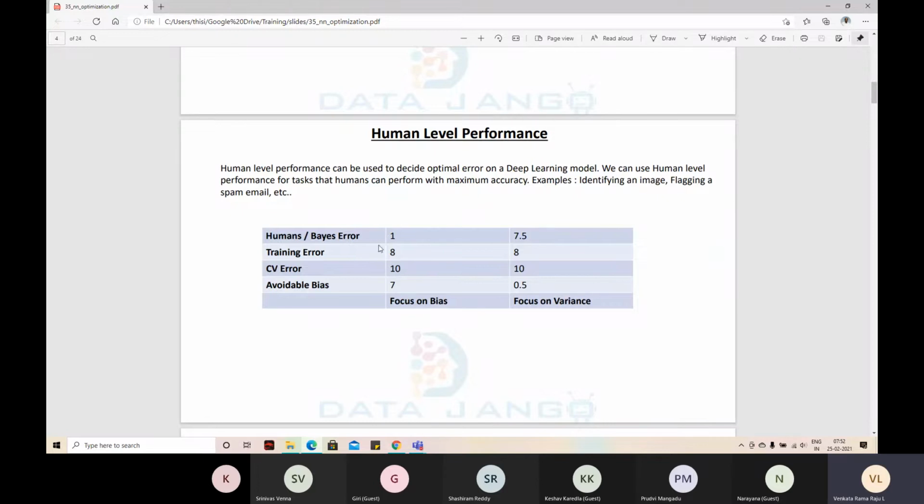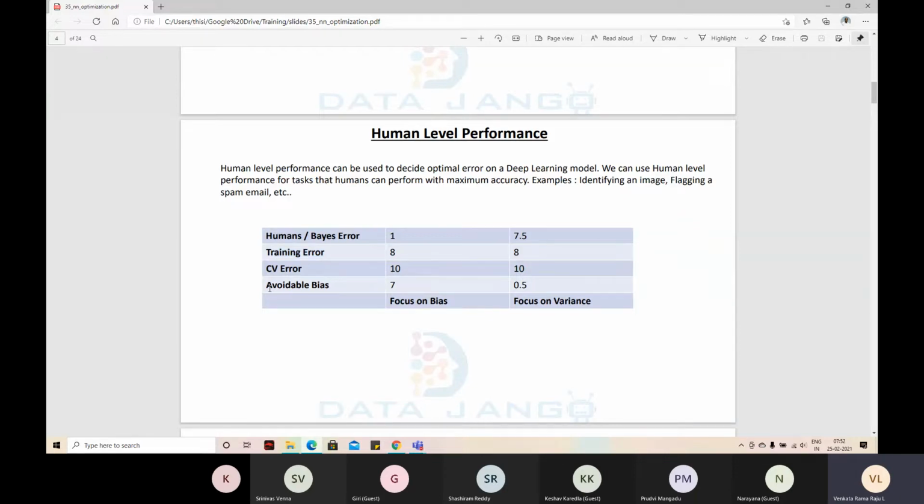If you look at this, on the training set it should have performed better first. The difference between 1 and 8 is 7, but the difference between 8 and 10 is 2. So on the training set and cross validation set, the gap is not that big. But between the human error and the training error, the gap is high.